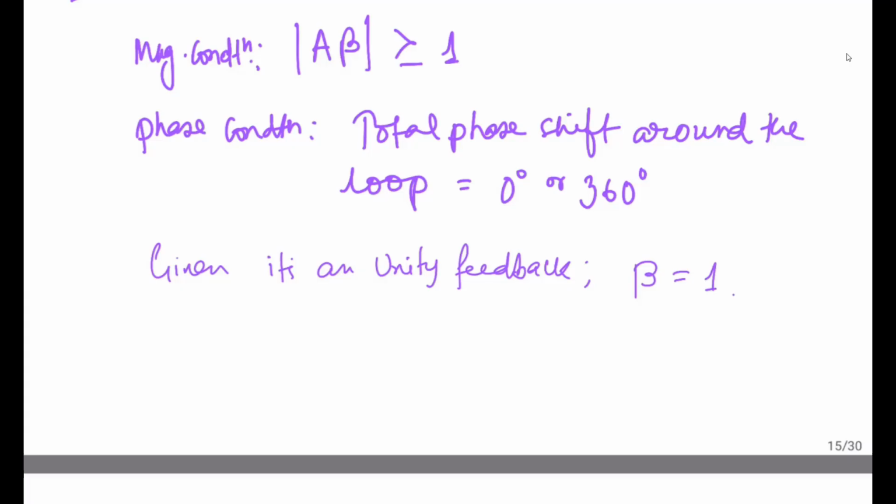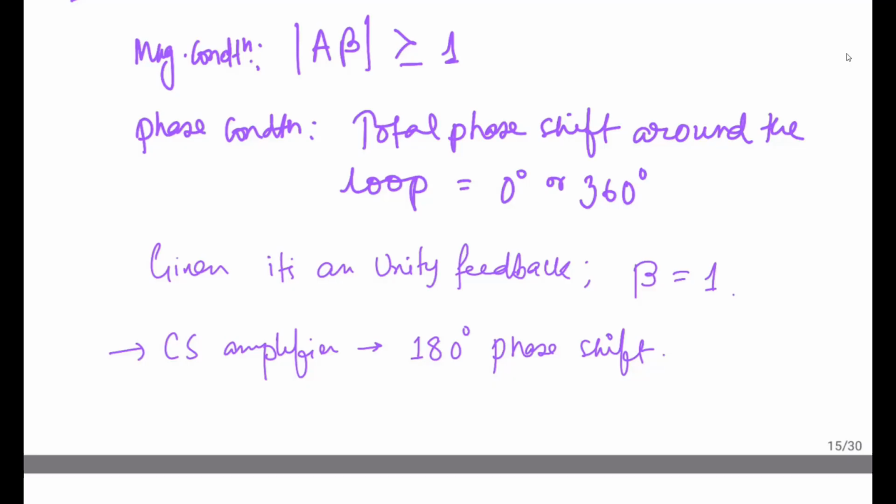And a common source amplifier provides 180 degree phase shift. If you see the circuit of a common source amplifier, from input to output it gives 180 degree phase shift.